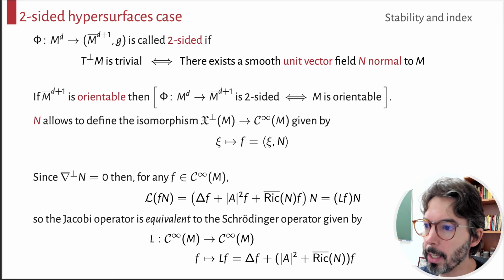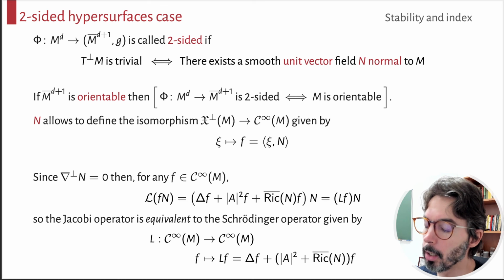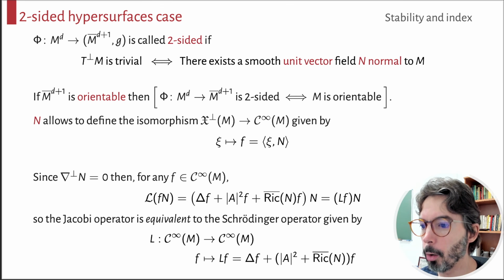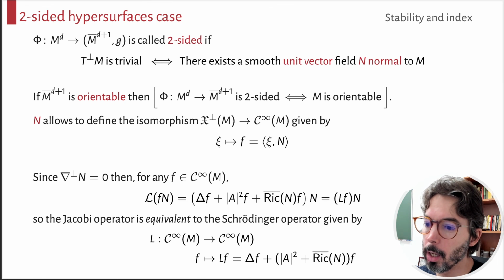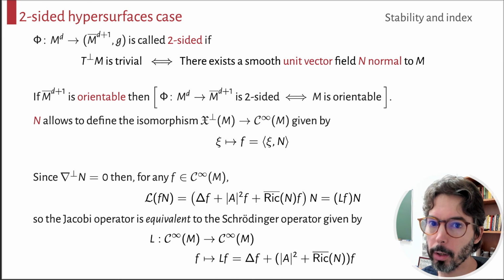So we can study stability for two-sided hypersurfaces by studying just the eigenvalues of a Schrödinger operator defined on the manifold, whose potential depends on the norm of the second fundamental form and the Ricci curvature of the ambient manifold in the direction of the normal vector field.